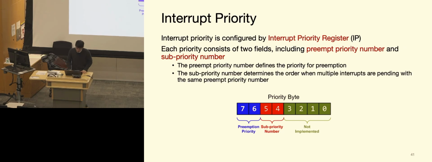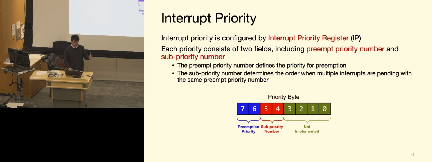So this is the mechanism used to change them. They are configured by what we call the interrupt priority register, IP or IPR. Each priority consists of 2 fields: the preempt priority number and the sub priority number.